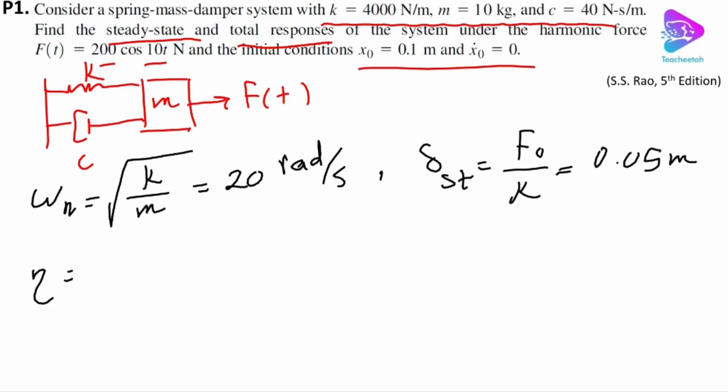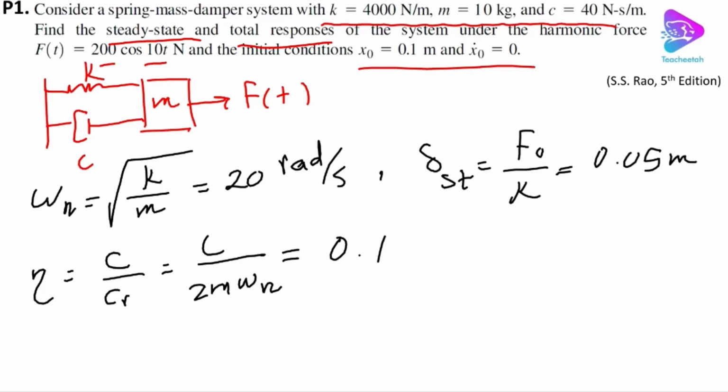Zeta is equal to C over C critical. We also know C critical is equal to 2 M omega n, so zeta is equal to 0.1, and it has no dimension. Another component that we need to find is the damped frequency. Why? Because we are looking for the total response of the system, right?